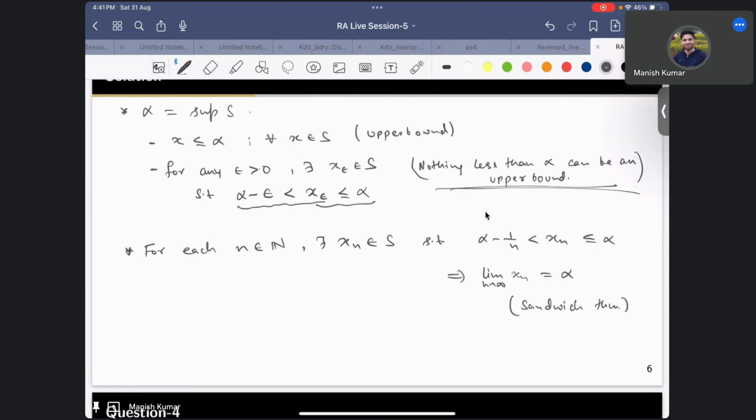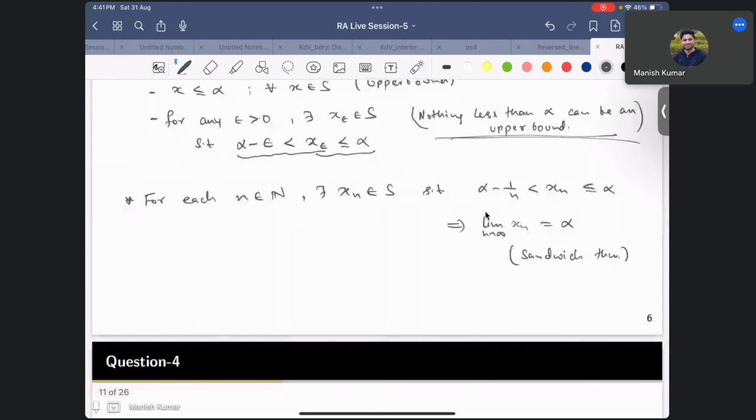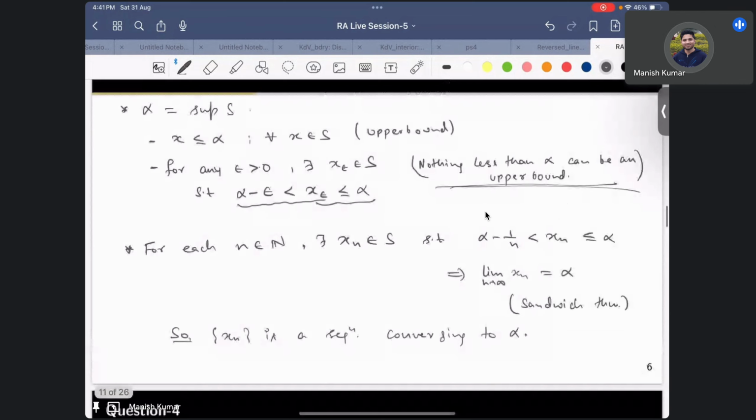So xn is a sequence converging to alpha. If we have a supremum, just using the definition of supremum, we can construct a sequence xn which will converge to alpha.